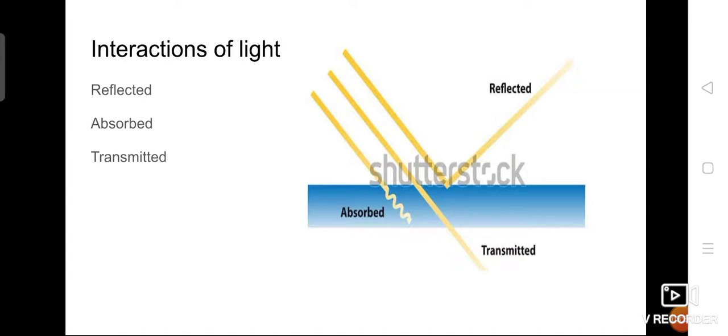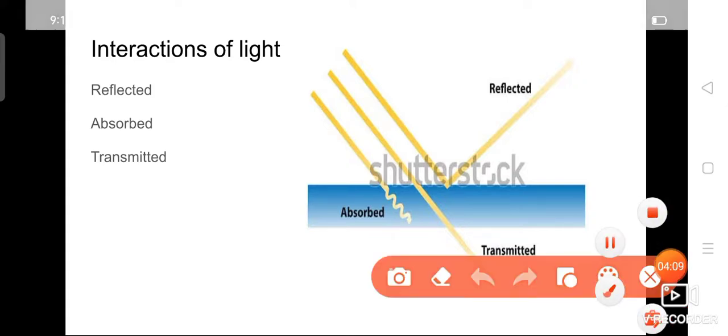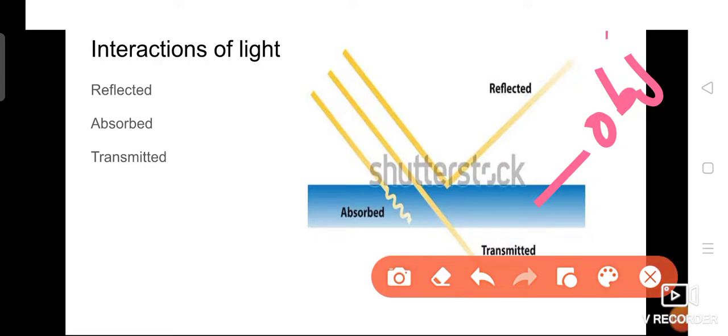So let us say this. The thing you see here is an object. Imagine here one picture is given, the blue color is an object. Okay. So when a light falls on it, these are the light rays.